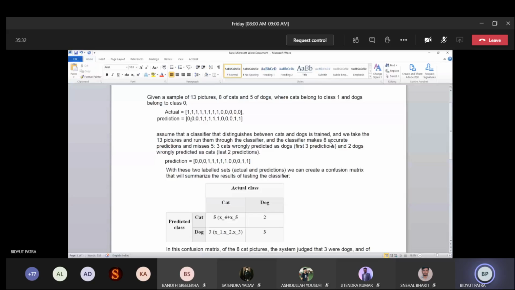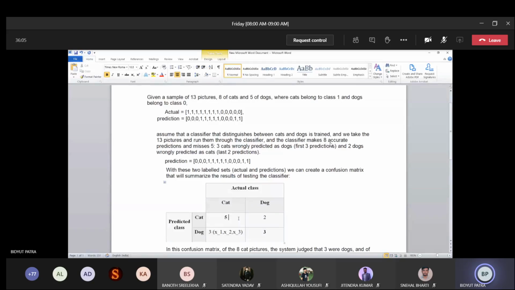Then x5, 1, 2, 3, 4, 5. Then x6 is 1, this is also 1. x7 is 1, this is also 1. And then x8 is 1, this is also 1. So 4, 5, 6, 7, 8. So 5 are rightly predicted. It should appear as x4, x5, and so on. So the total number of samples rightly predicted as positive class is 5.